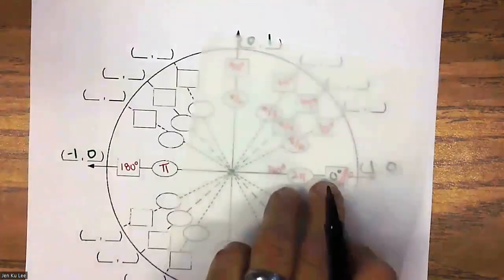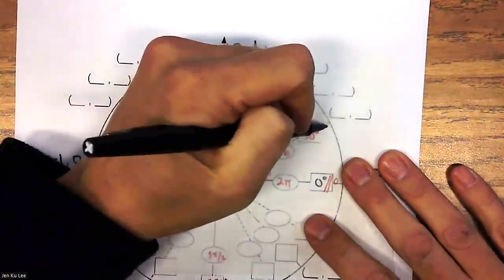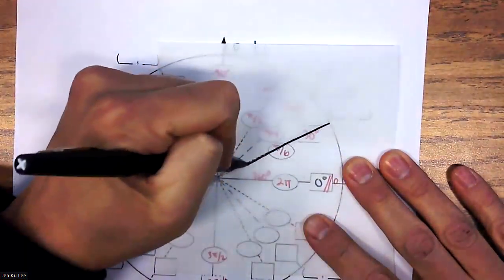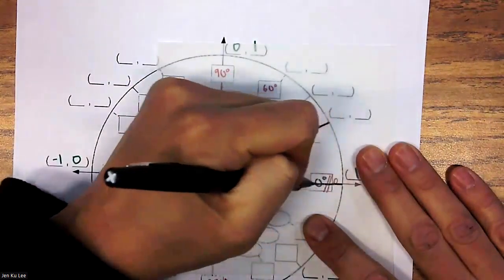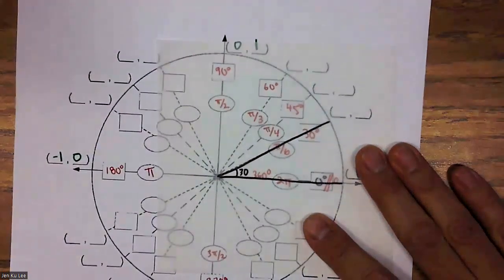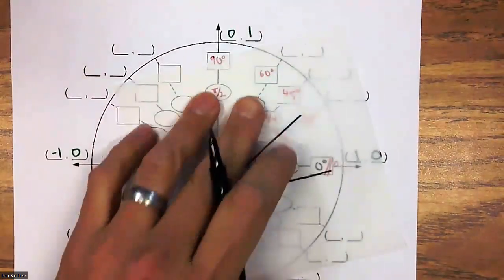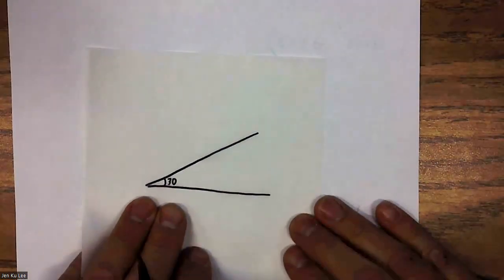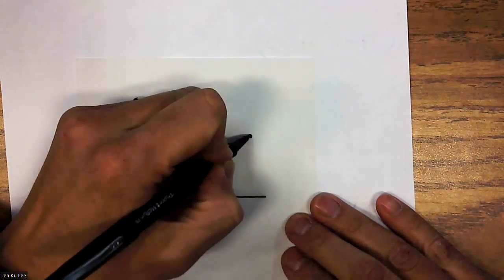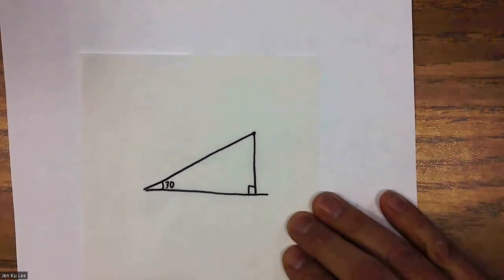So we said that that angle is 30 degrees, right? So I plop this and I work on it. Let's work on it here. Okay, that's 30 degrees. And if I connect this point down, there's my reference triangle, correct?